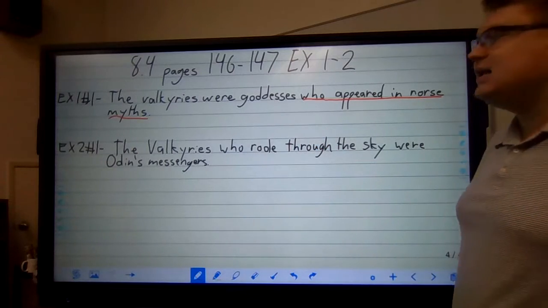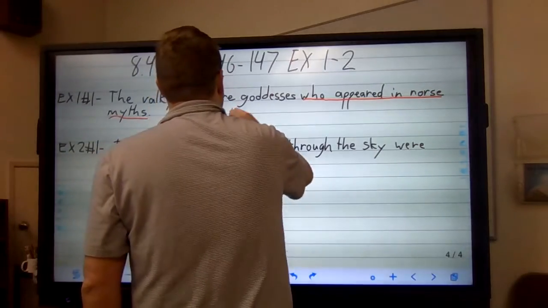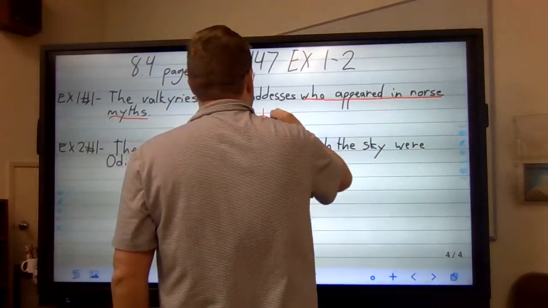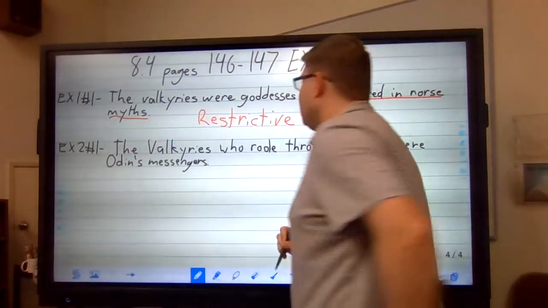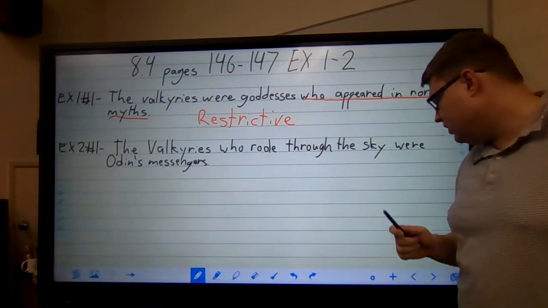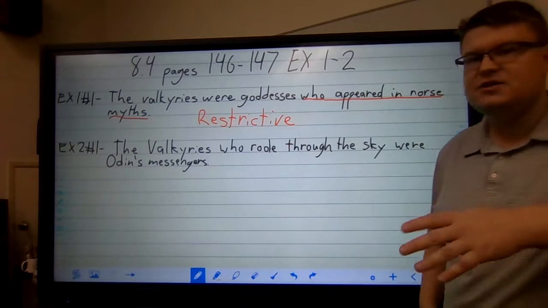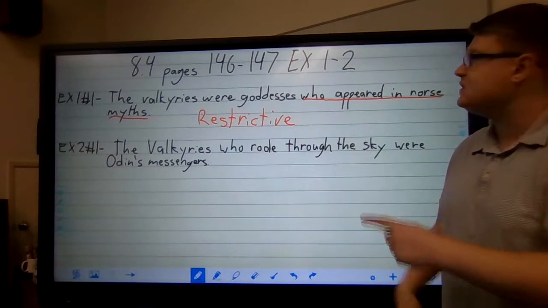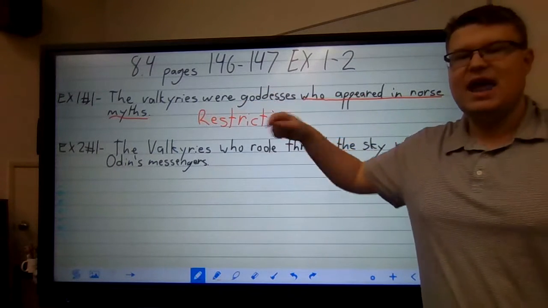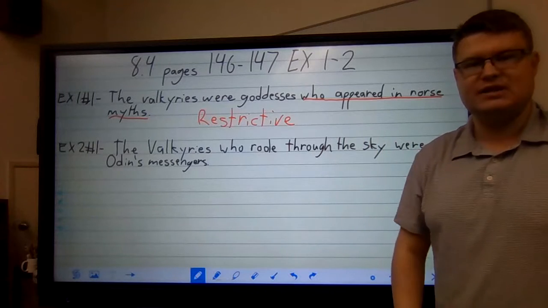No. That means that this is a restrictive clause. You must write restrictive clause. That's what you do for exercise 1. Write the whole clause, who appeared in Norse myths, then tell me whether this is a restrictive or a non-restrictive sentence.